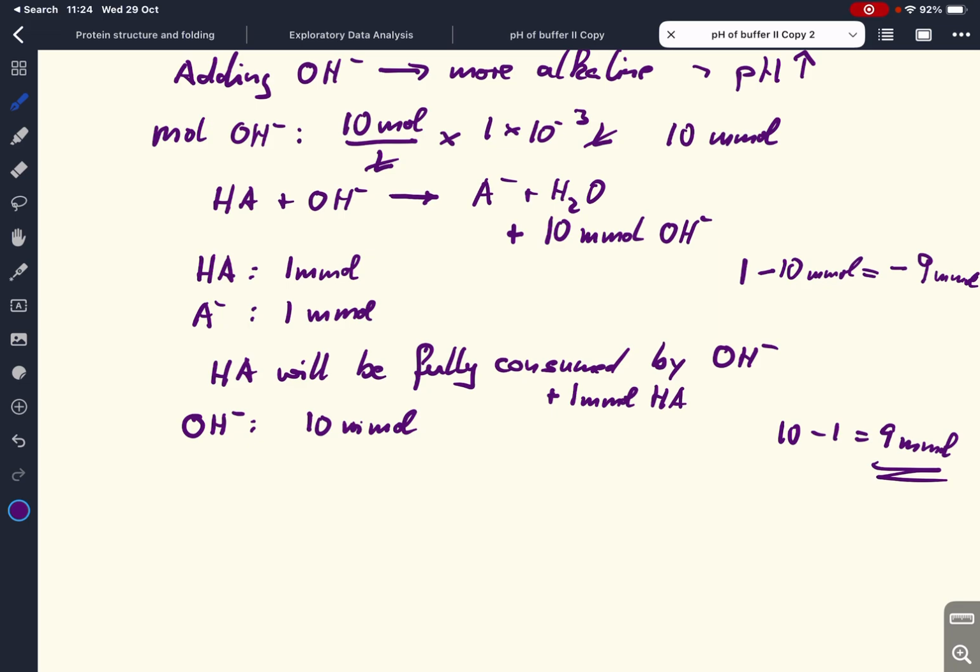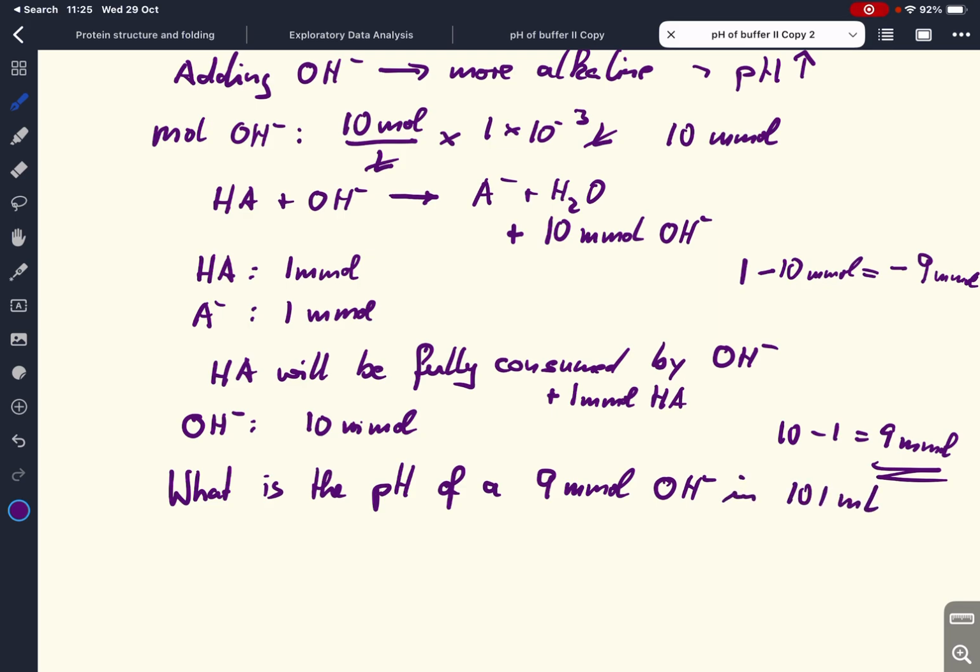We don't need to worry about the base because that is relatively small and doesn't contribute very much to the pH. So what we now need to find out is the pH of 9 millimole OH minus in a total of 101 milliliter.